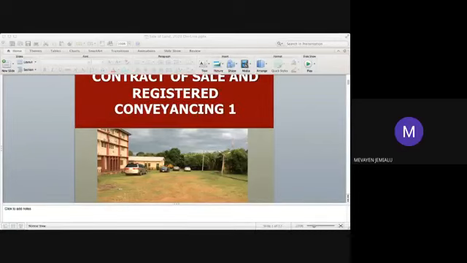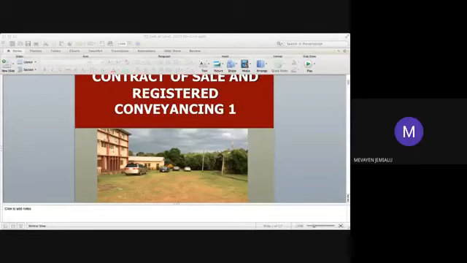We have the CA states, that is the Conveyancing Acts of 1881 and 1882 states, comprising the northern and eastern states of Nigeria, and part of the south states, talking about Akwa Ibom, Cross River, Rivers State, and Bayelsa State.